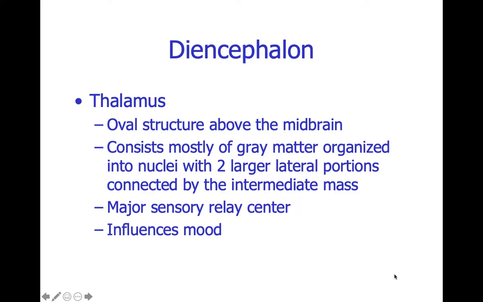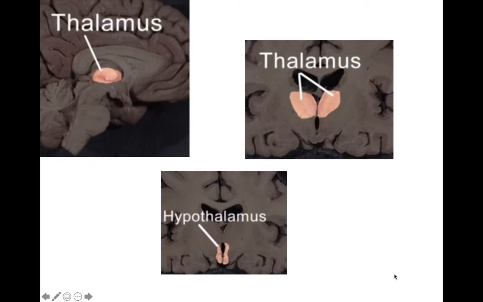And again, as humans, we think our mood is controlled and moderated by the cerebrum, by our upper thinking ability. This isn't necessarily the case. The thalamus is the first of non-cerebral areas that are going to have some influence over our mood.